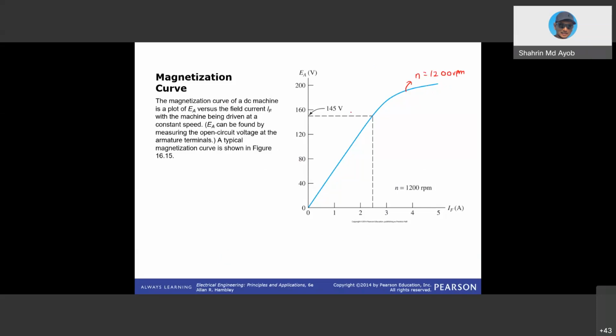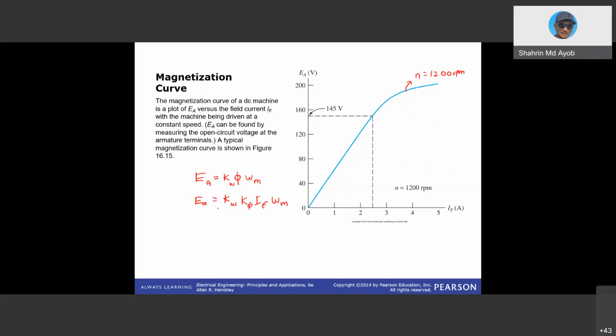To get this, you know that EA is equal to K flux speed, and usually it can also be written as EA is equal to K_a multiplied with K flux. So this one is K flux IF.